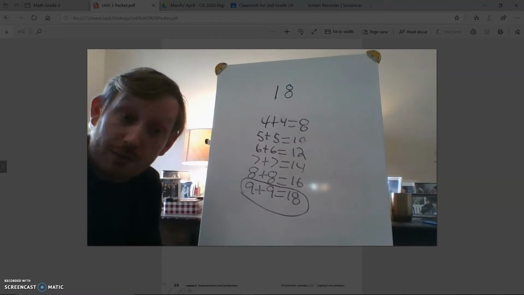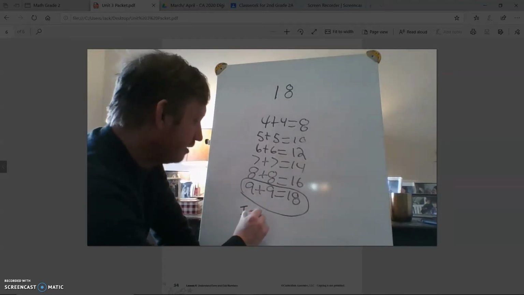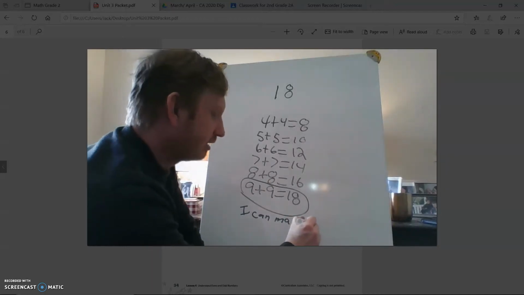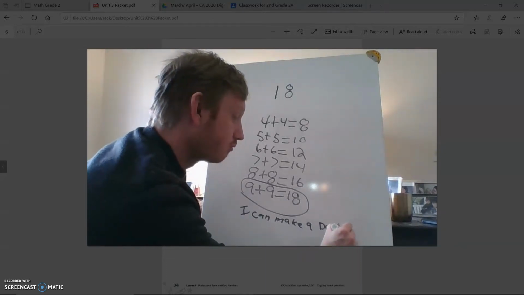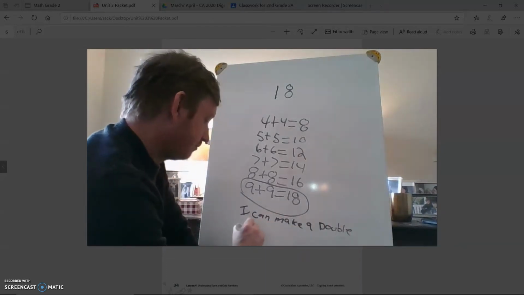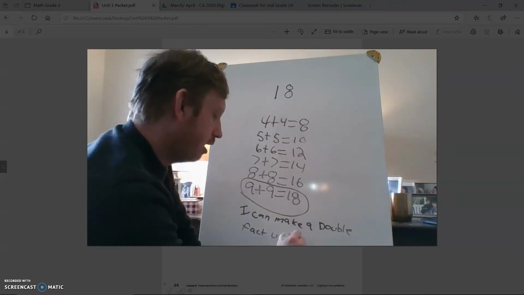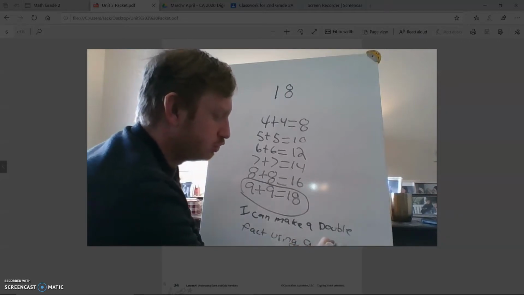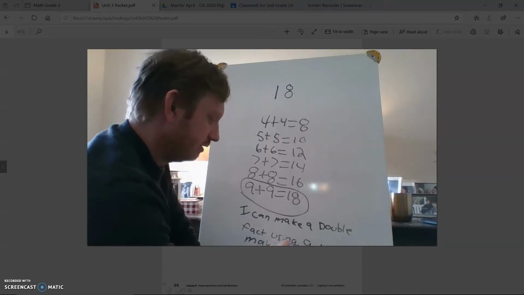So I would write something like, I can make a double fact using 9 to make 18.